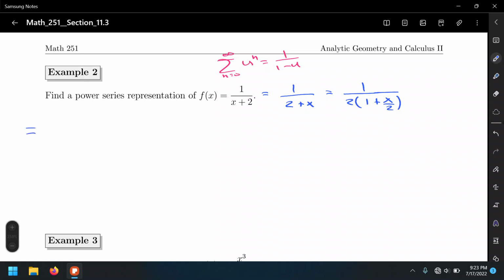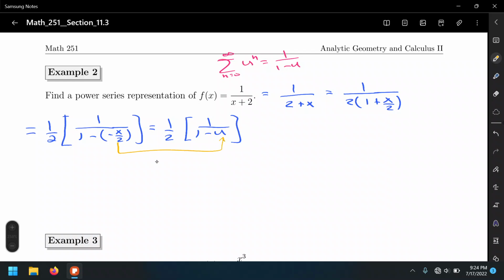So the 2 in the denominator is a 1/2 outside, and this is 1 over 1, and I'm going to turn this plus into minus negative x over 2. From here we obtain 1/2 times 1 over 1 minus u, where u equals negative x over 2.